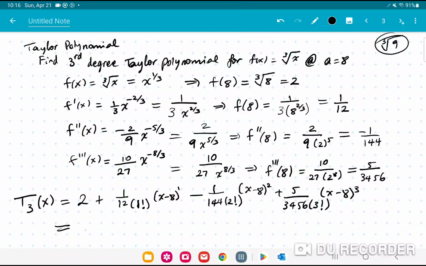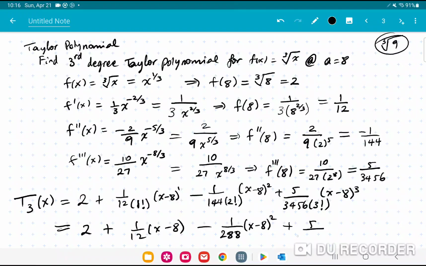I will simplify the numbers. 1 over 12 x minus 8. I'll multiply them out. 1 over 288 x minus 8 squared. 5 over, so this is a 6 times that number.